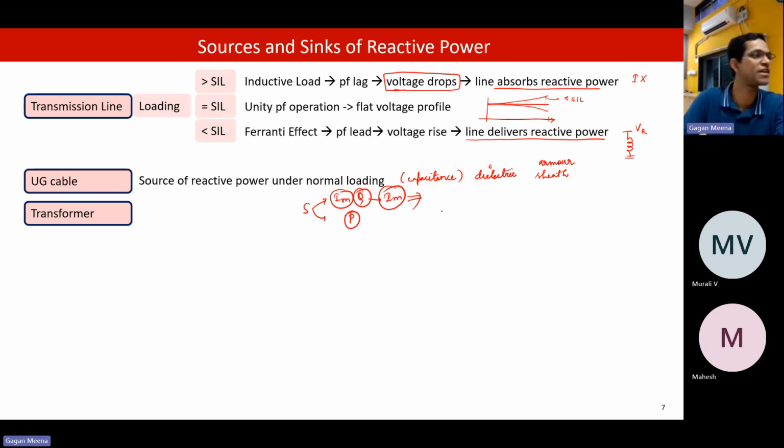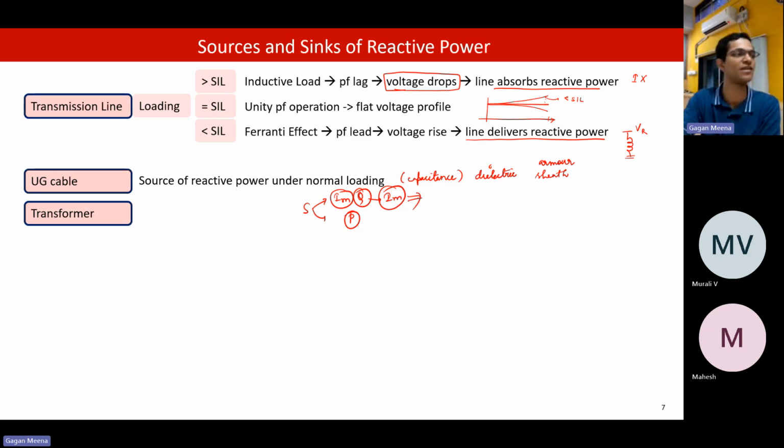So that is why Q is required to step up or step down the voltage, or even just to provide insulation. That part of reactive power is utilized for transferring that power from primary side to secondary side.